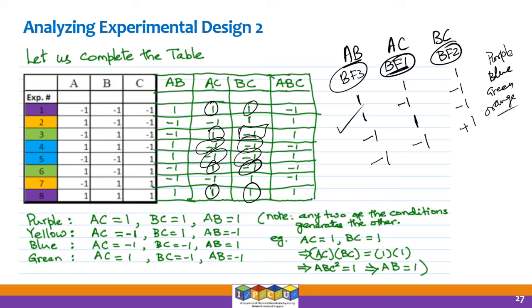In the same way, if AC is equal to +1, it could be purple or green, and AC is equal to -1, it could be blue or orange. Not all the 4 colors are represented. This is the most important thing. AC is equal to 1 leads either to purple or green, not all the 4 colors. AC is equal to -1 leads to blue or orange, not all the 4 colors.